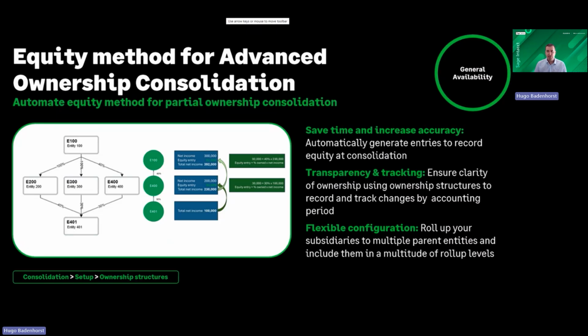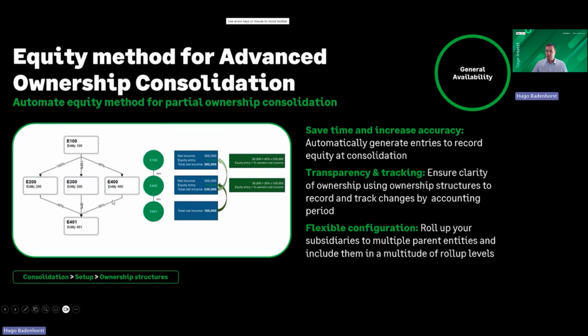What that means is, when we bring it in, you can see on the little diagram there, I've got entity 401, 30% of that is owned by entity 400. And then 40% is owned by entity 200. And then subsequently, entity 100 owns a couple of other entities. Once we set up that structure, you can see the way the transactions will roll up: in 401, we had a total net income of $100,000.